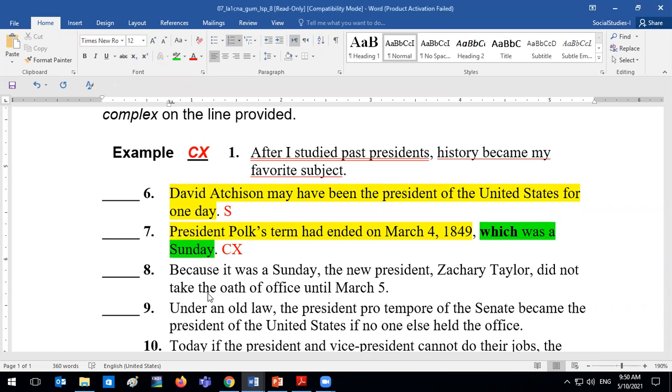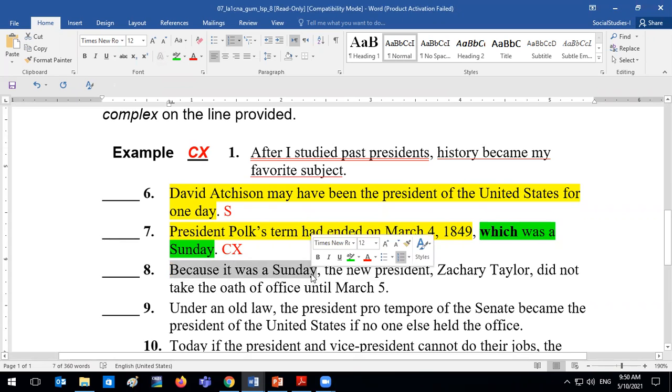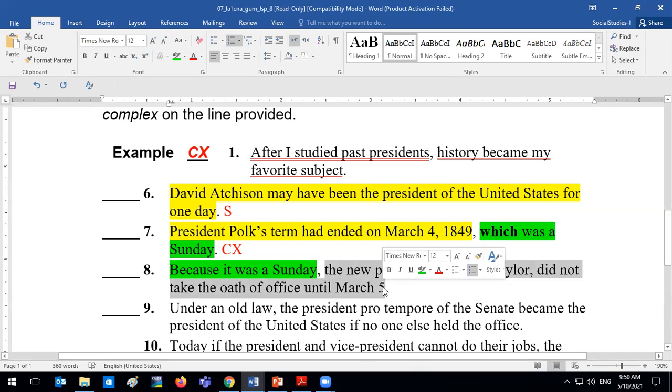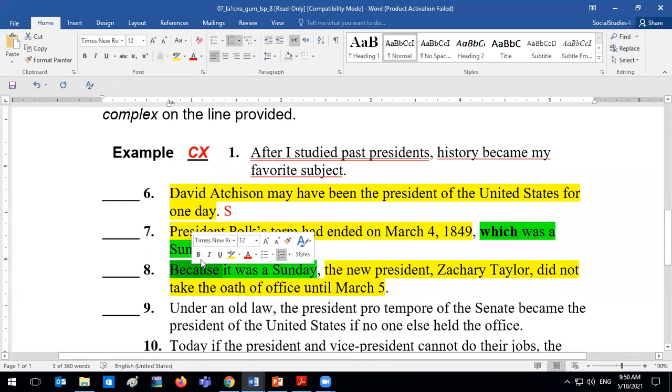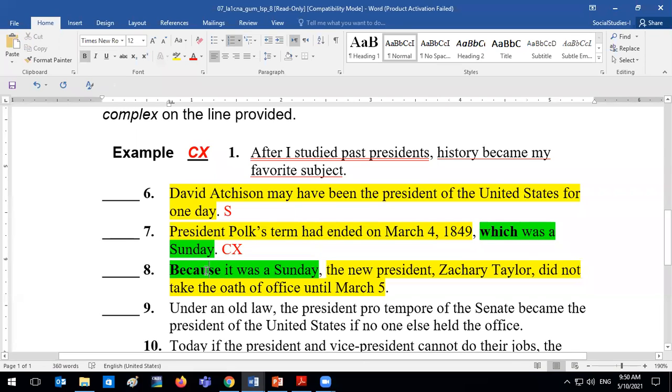Because it was a Sunday, is a subordinate clause. Good. This is your subordinate clause. Perfect. What is your independent clause? The rest of the sentence is the independent clause. Perfect. So you have one subordinate clause that starts with the word because. Now, Zena, can you tell us what is the word because? Is it a relative pronoun or is it a subordinate conjunction?